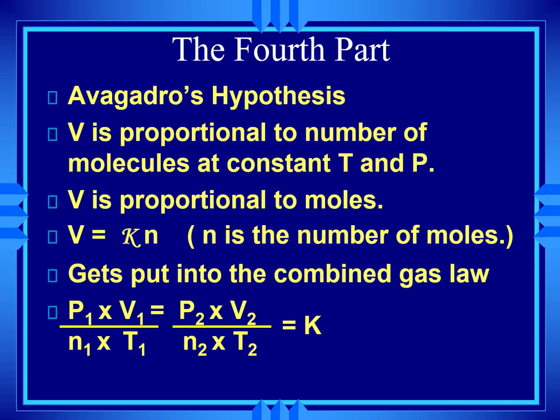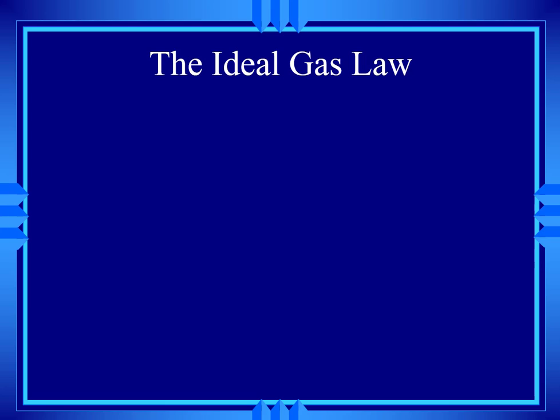It doesn't matter what pressure. That K is always the same. So they stopped calling it K and started calling it R. So what you're looking at there is the ideal gas law.